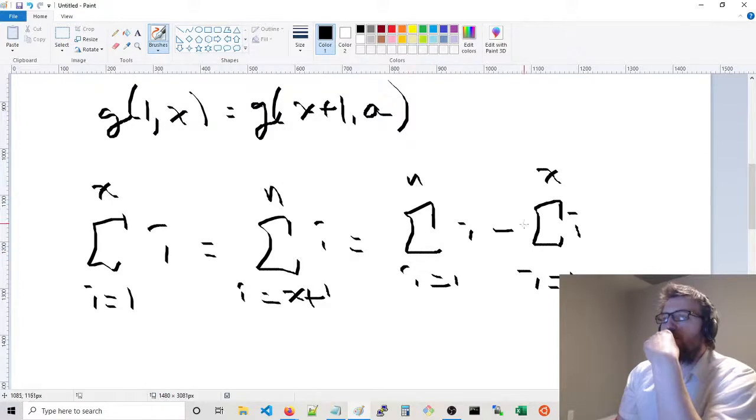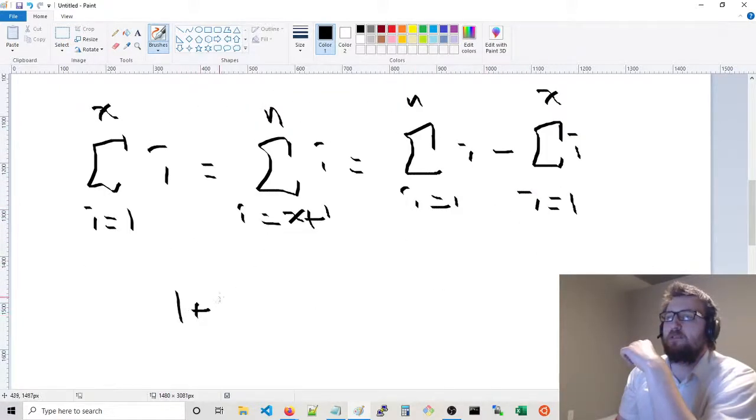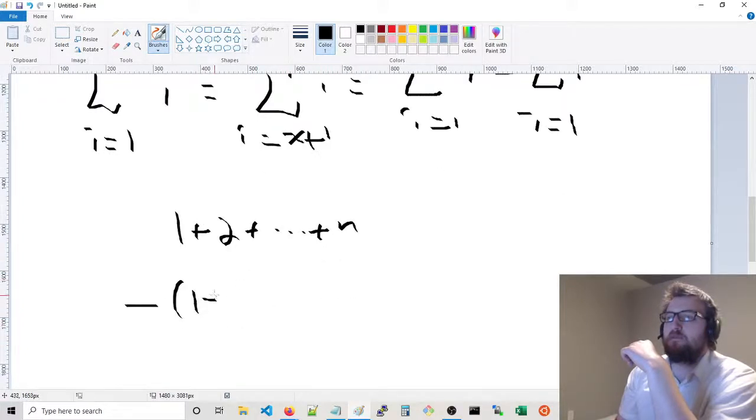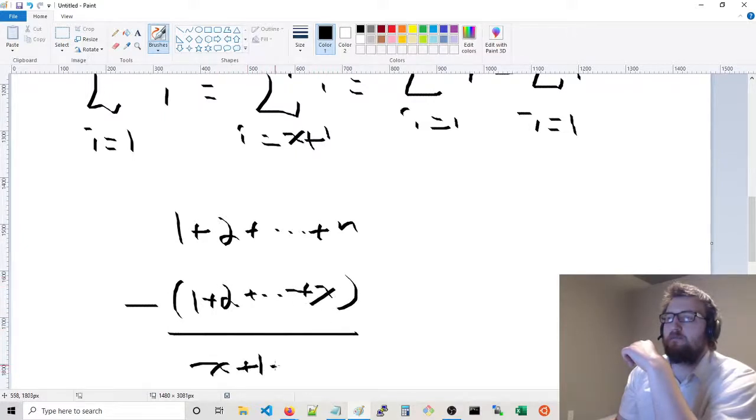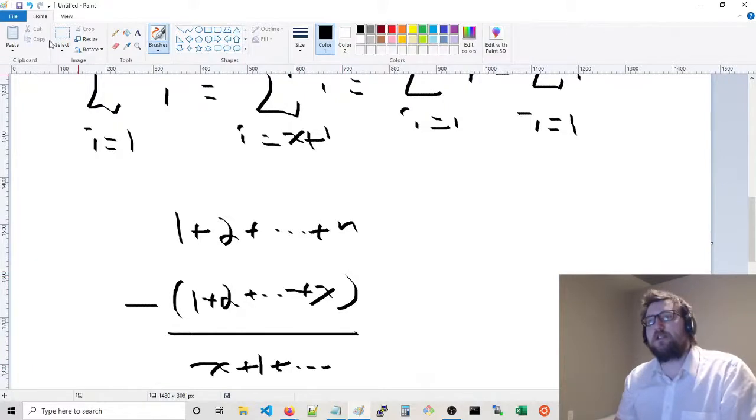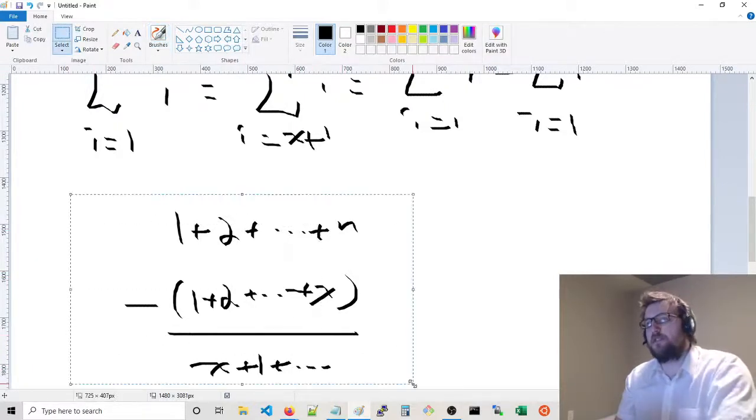This should end up being, basically, 1 plus 2 plus dot dot dot plus n minus 1 plus 2 plus dot dot dot plus x. And so yeah, you end up with x plus 1 plus dot dot dot. Yeah, that's correct. That's interesting.